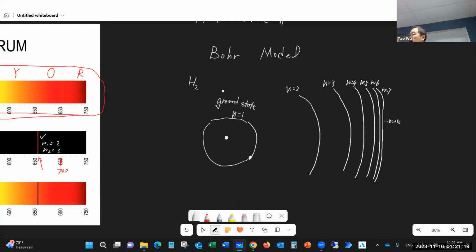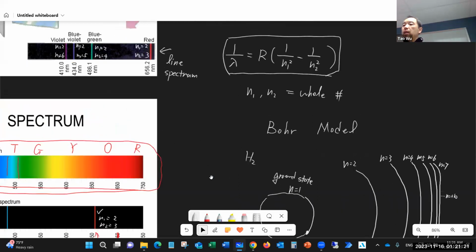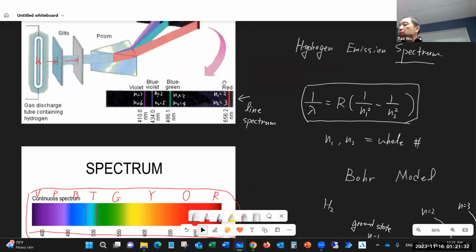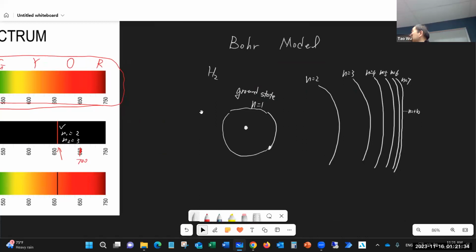But remember, how do we make the hydrogen emit light? We apply a very high voltage on the container, the tube, which means we apply energy on the hydrogen electrons.